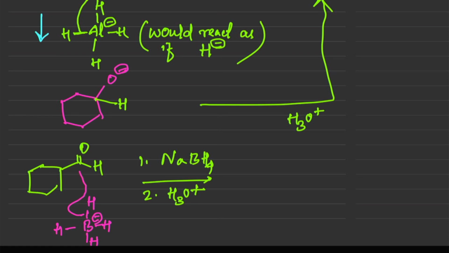So let's say this hydride attacks here and pushes the pi electrons towards the oxygen. So that becomes O minus, H, and we added a new H there. And then all we're going to do is neutralize with H3O plus. That's basically going to neutralize this O negative ion.